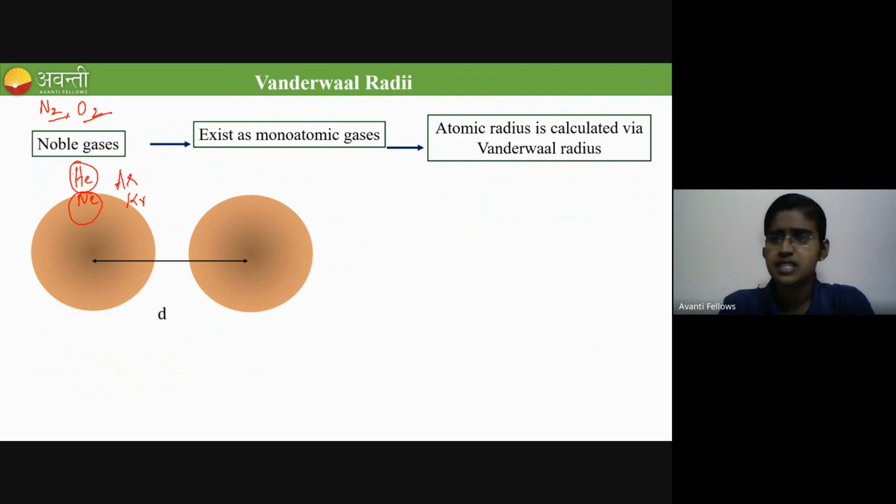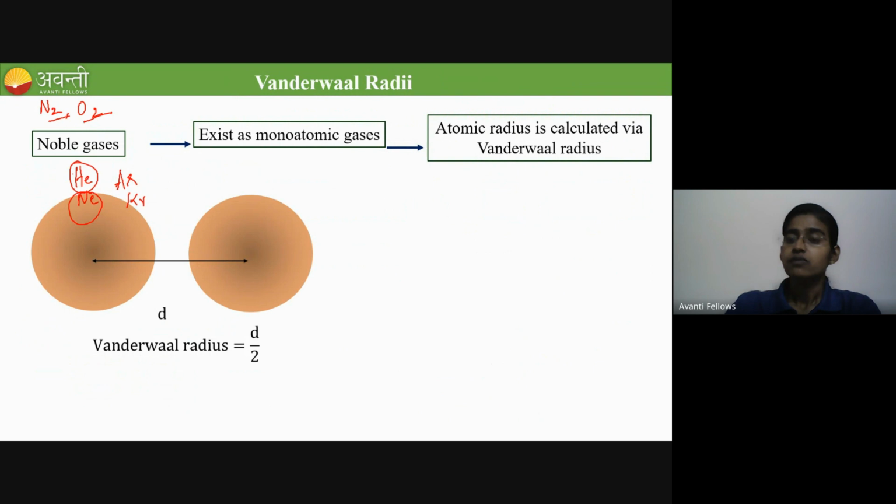For noble gases, the outermost shell is already completely filled, so there will not be any formation of a bond, but there will be some force of attraction. Here you can see the distance between the two nuclei of the noble gases is represented by D again, and D by 2 will give us R. Got it? Now compare all three radii and tell me which will be higher.